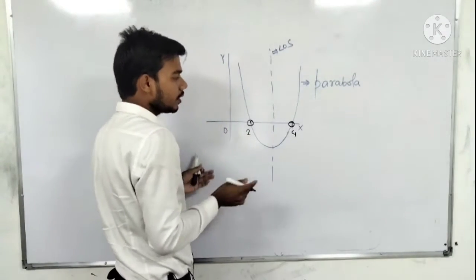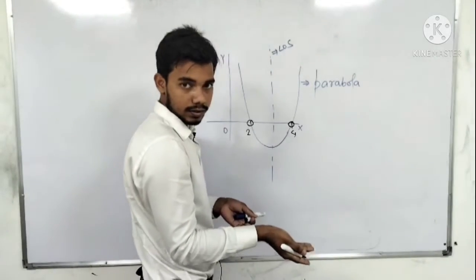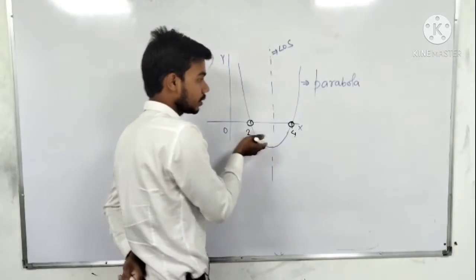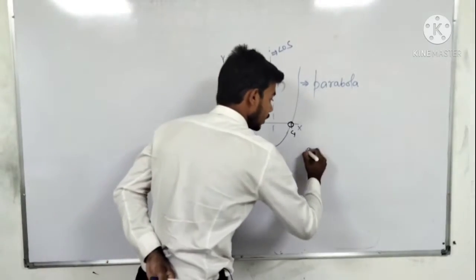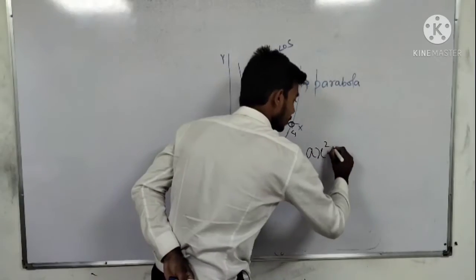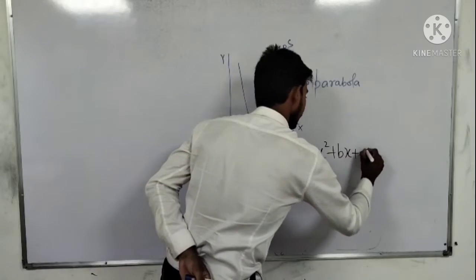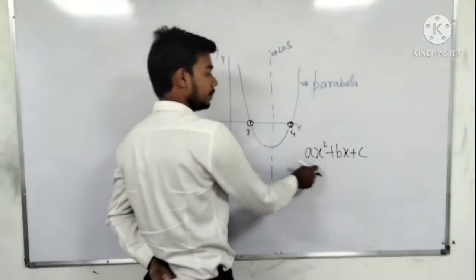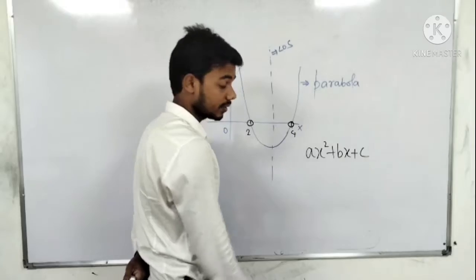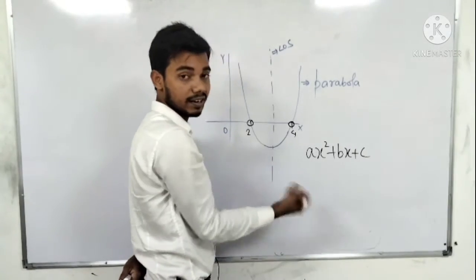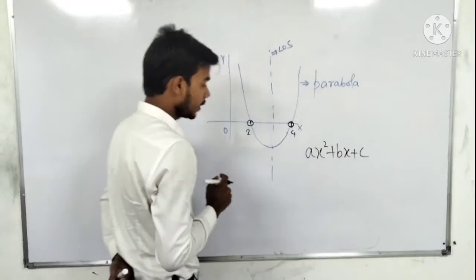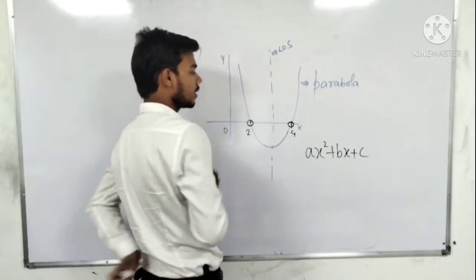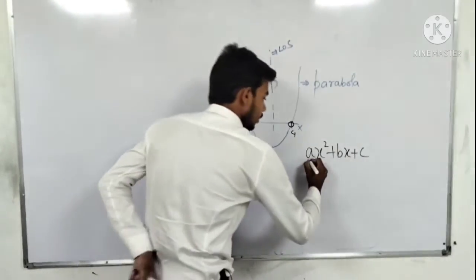You have a polynomial, and as you know, the general form of the quadratic polynomial is ax square plus bx plus c, where a, b, c are real numbers and a is not equal to 0, those are the conditions along with the quadratic polynomial. 2 and 4 are the zeros of the polynomial.